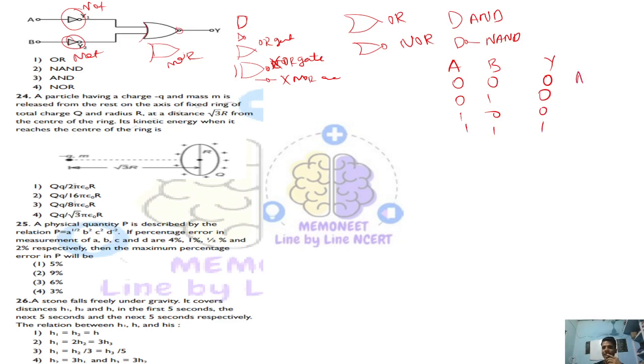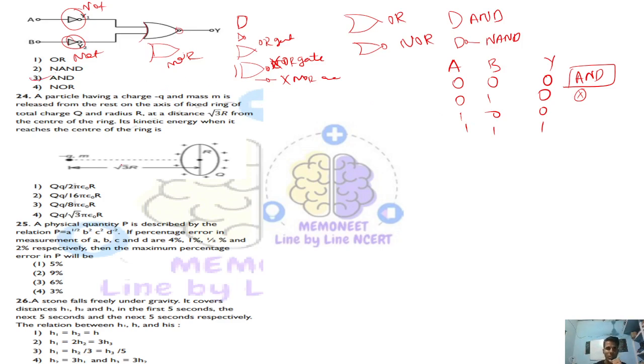So you can see that it's acting as an AND gate. In the AND gate it's a product. If either one is 0, the whole will be 0. If both are 1, then only 1. It's simply acting as an AND gate, so option third will be the correct answer.